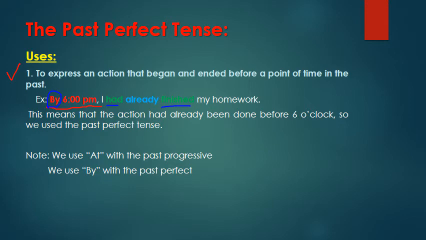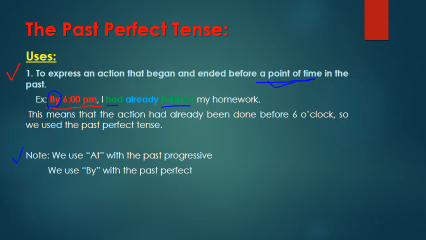You tell her, Mom, before I slept, I had already cleaned my room and had finished my lessons. Notice, by that time, what had already been done? Okay, so what happened before that point in time? This is when we use the past perfect tense to express an action that began and ended before a point of time in the past.